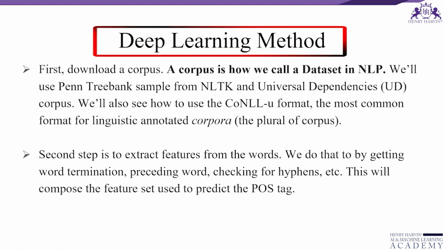The next one is the deep learning method. Here we have to first download a corpus, but first let me tell you what this is. These are methods that use deep learning techniques to infer POS tags. So far these methods have not been shown to be superior to stochastic or probabilistic methods in POS tagging.